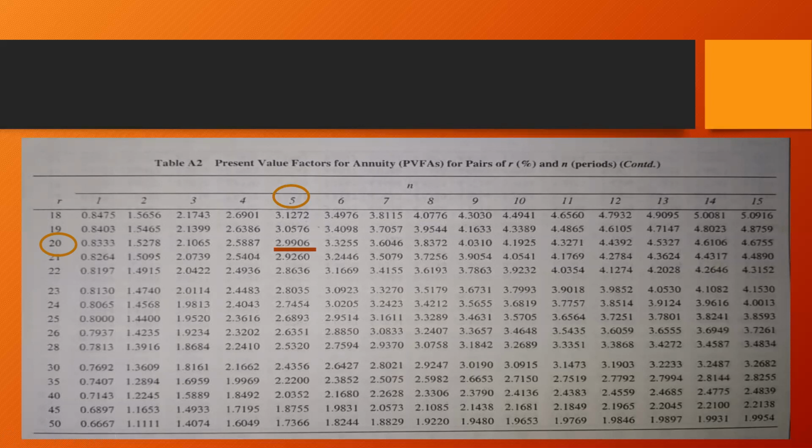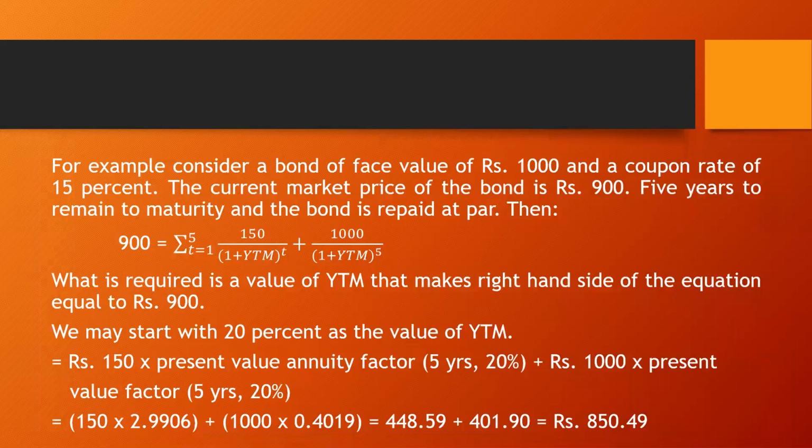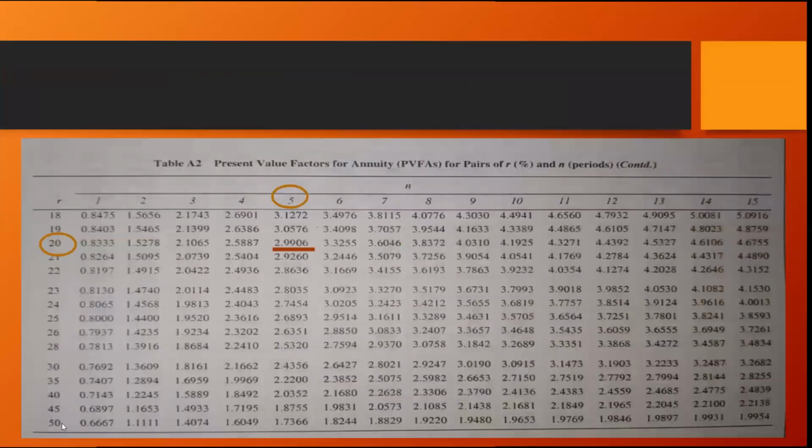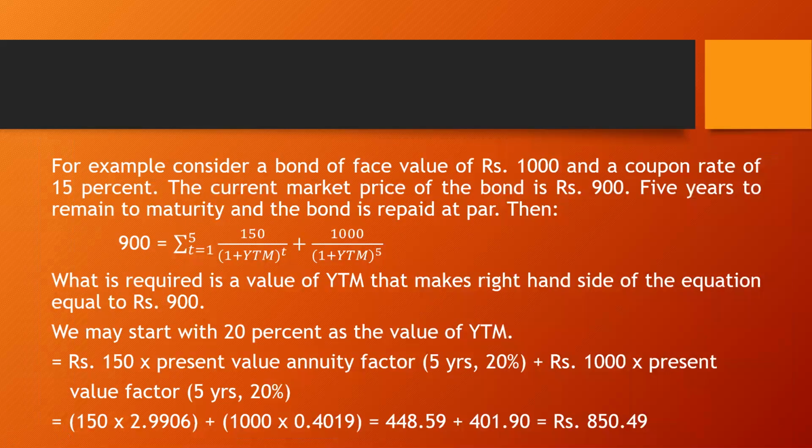We are going to multiply that with 150. So 150 into the present value annuity factor of 5 years at 20%. That is the value that we got here, 150 into 2.9906.